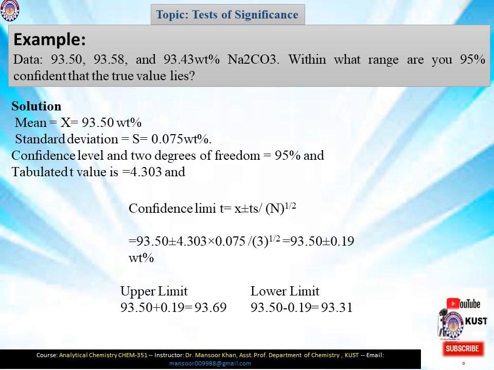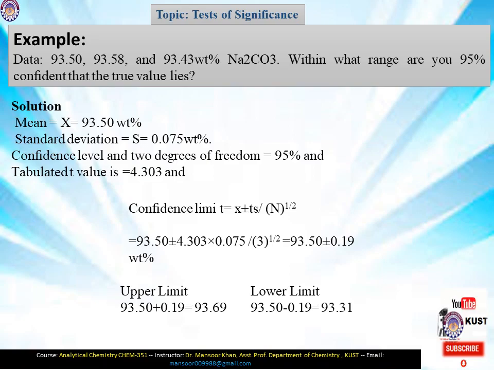As we know, the equation used for the calculation of the confidence limit is x̄ ± ts/√n. By putting in all the values, we calculate the upper limit and also the lower limit. The upper limit value is 93.69% and the lower limit value is 93.31%.